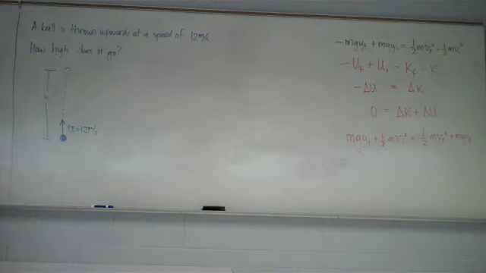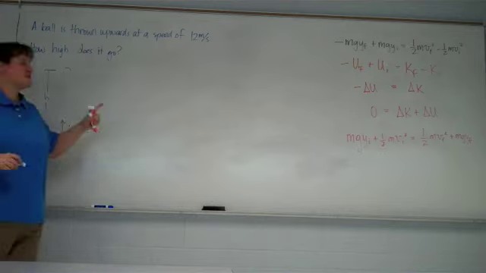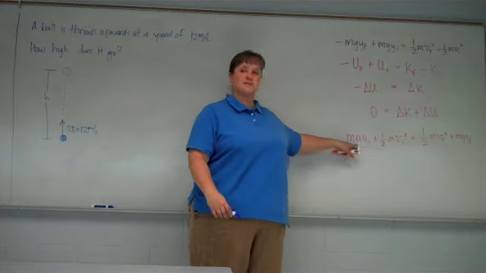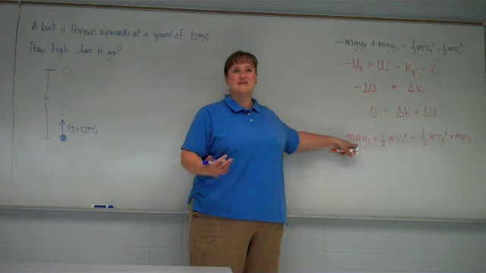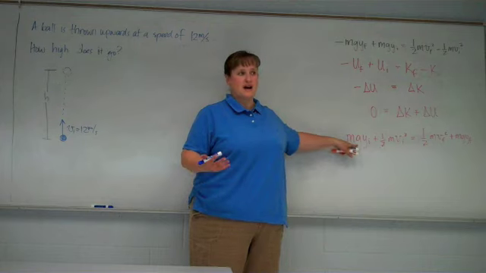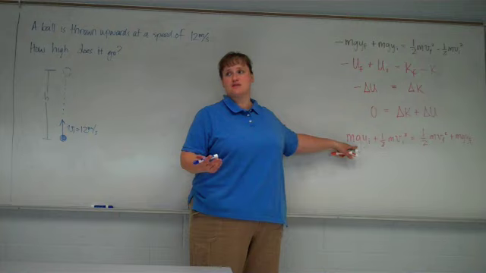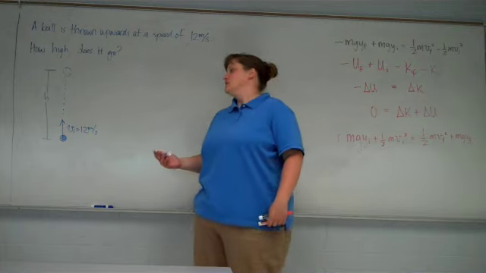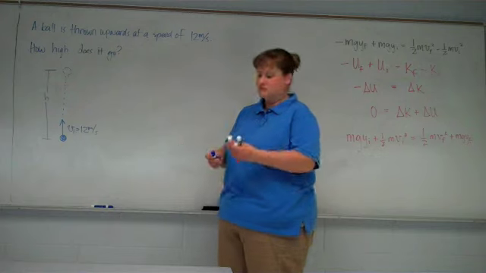Now, similar to what we did with our kinematic equations, we still need an origin to work from. When we look at gravitational potential energy, the mgy, y needs to be measured from somewhere. So you have to choose a y equals 0 somewhere. You can choose it wherever you want.